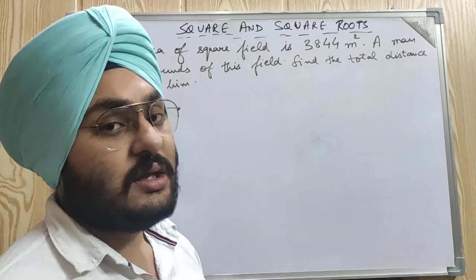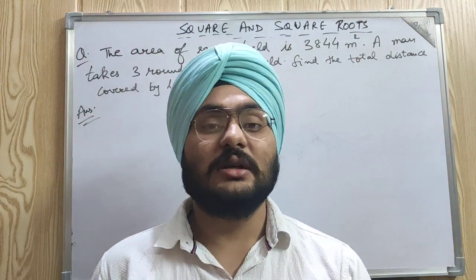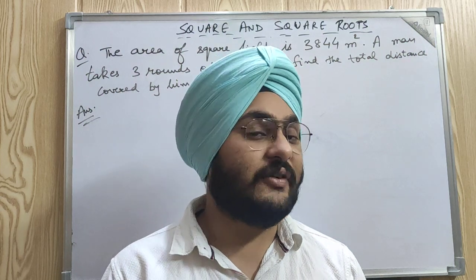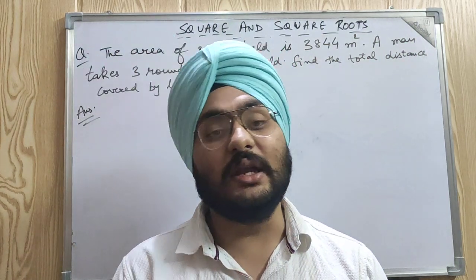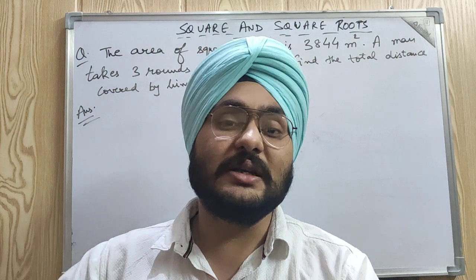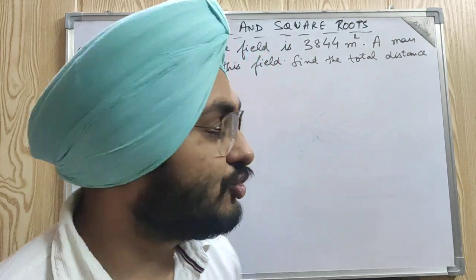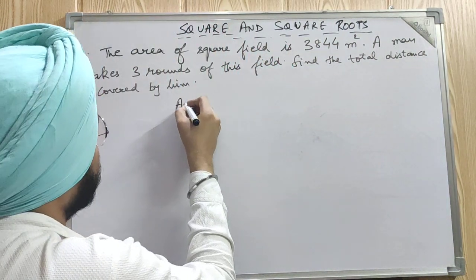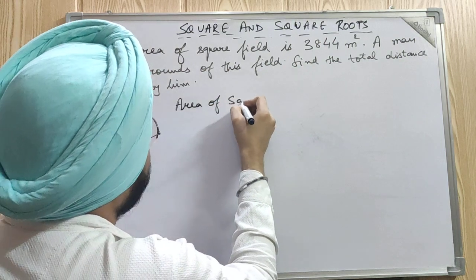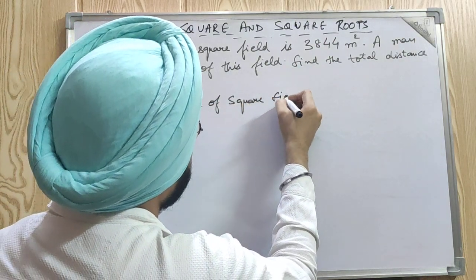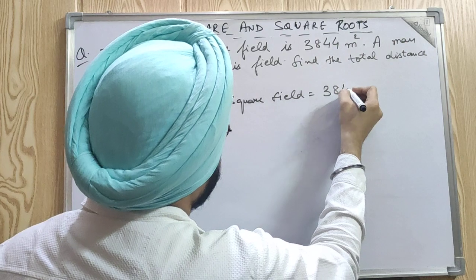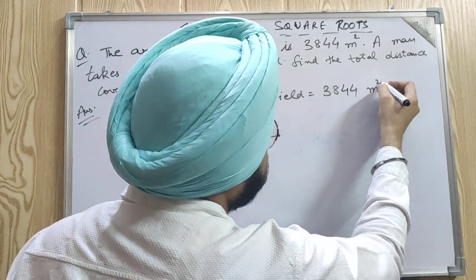Now, in the previous standard as well, you have found the area of a square. So area of square is what? Side multiplied by side, or the side square. So I can simply say here the area of the square field is 3844 meters square.